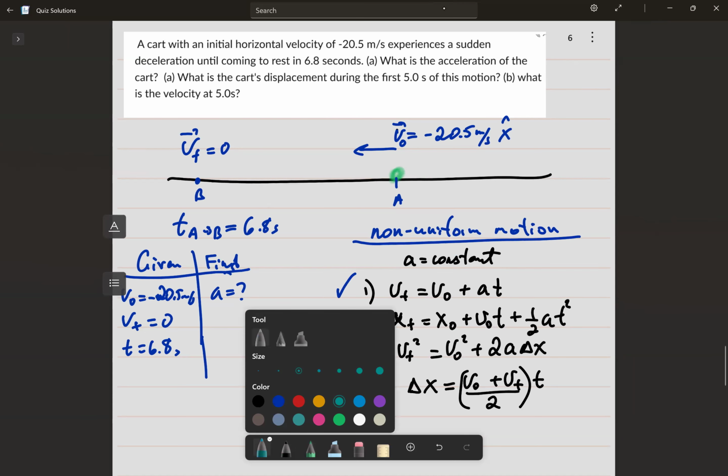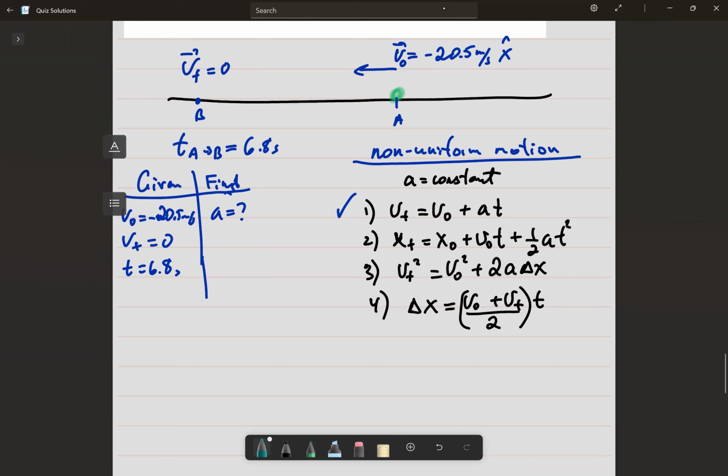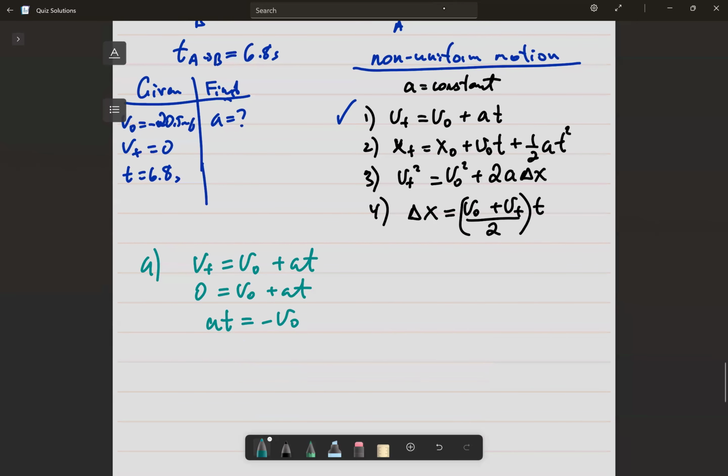So using equation 1 for part A: final velocity equals initial velocity plus at. Remember, the final velocity is 0. So then at equals negative initial velocity, rearranging like that, and then we divide both sides by time. So acceleration equals negative initial velocity over time.